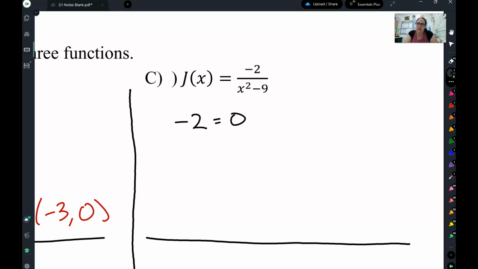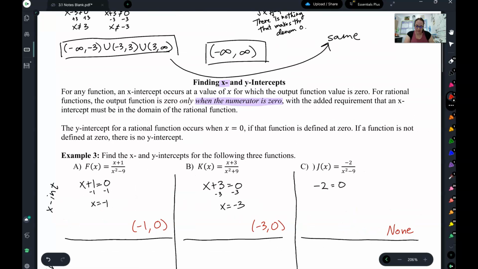Negative 2 does not equal 0. That doesn't make any sense at all. So because I tried to set it equal to 0 and it doesn't make sense, we actually say none. This graph will not have any x-intercepts, meaning the graph of this equation will never cross the x-axis. So that is how we find our x-intercepts. We look at the numerator, set the numerator equal to 0, and write it as a point.